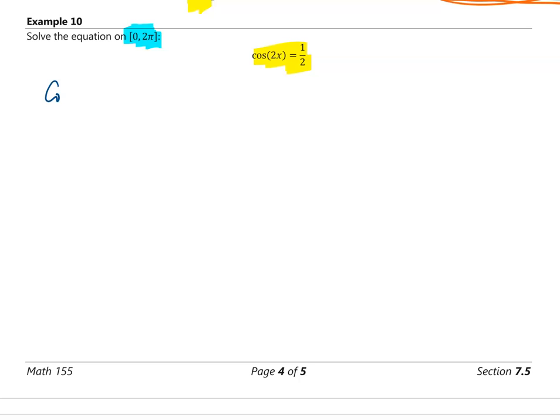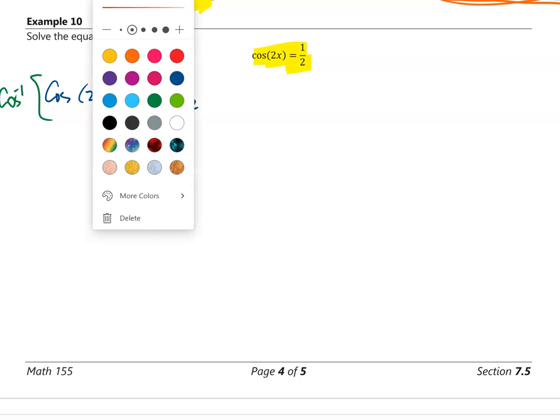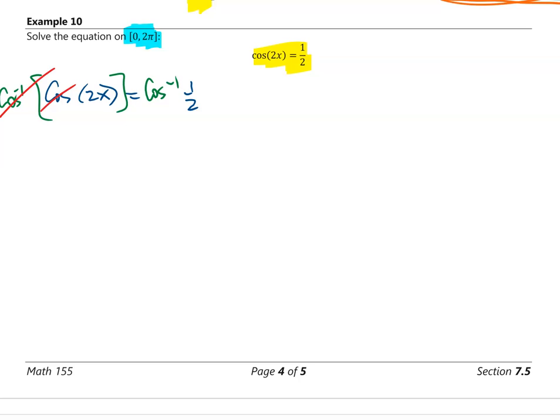So cosine 2x is equal to 1/2, and if we take inverse cosine of both sides, you'll have 2x is equal to inverse cosine of 1/2. And what is inverse cosine of 1/2?